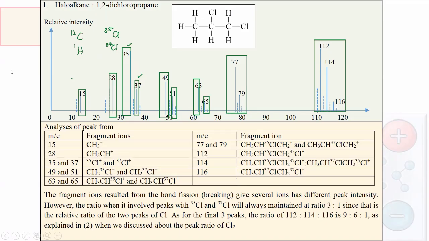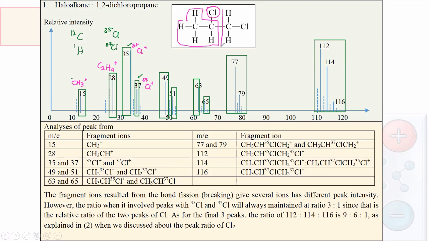If m/e equals 15, it is given by the fragment ion CH3 plus. For 28, it was probably given by a C2H4 plus, or simply CH3CH plus. 35 and 37 are given by chlorine-35 and chlorine-37 respectively.